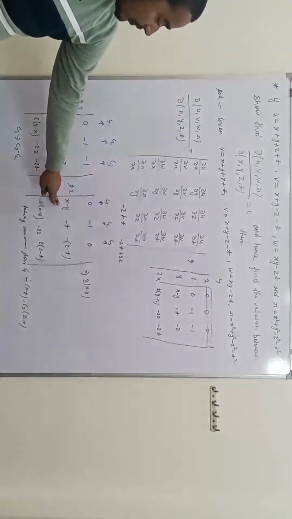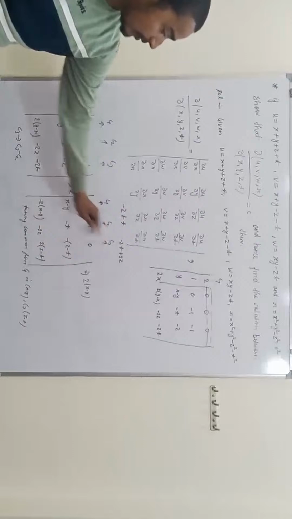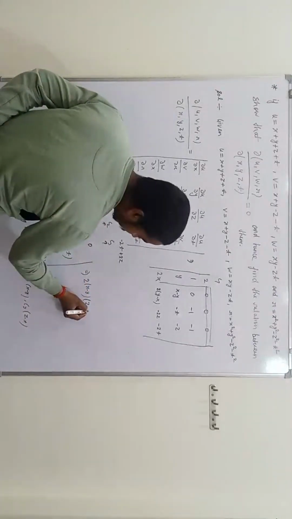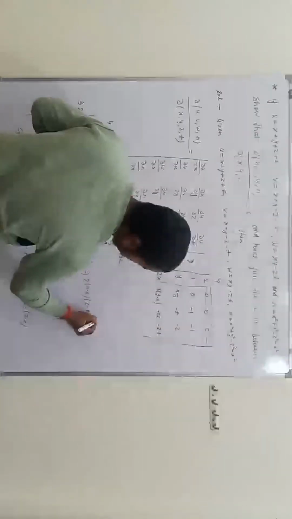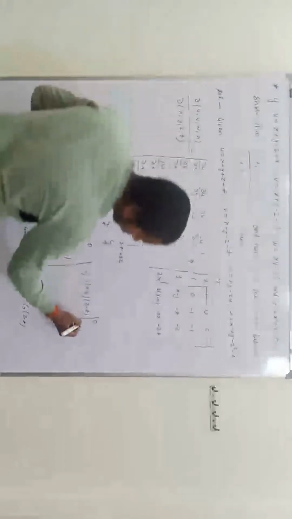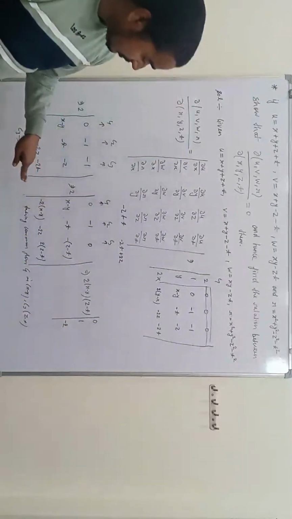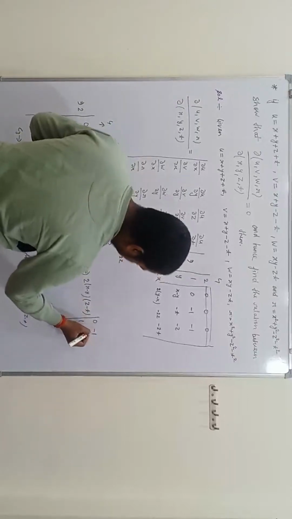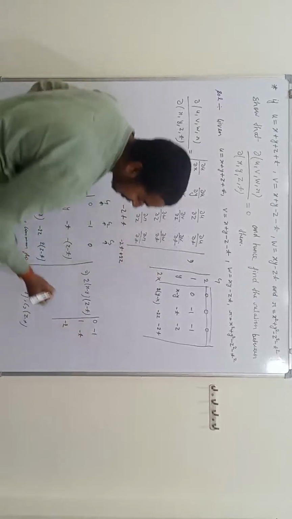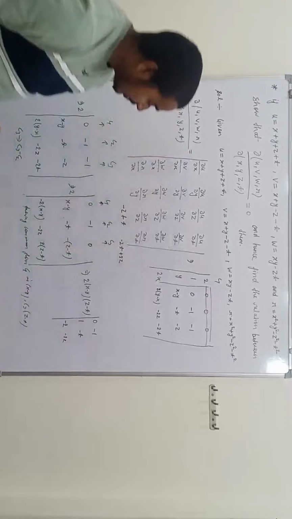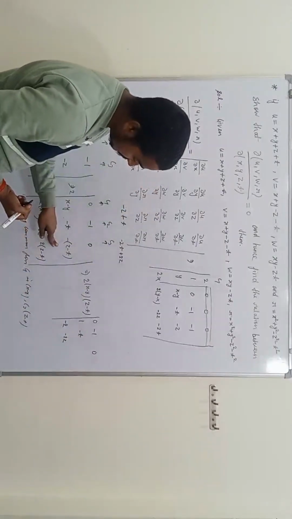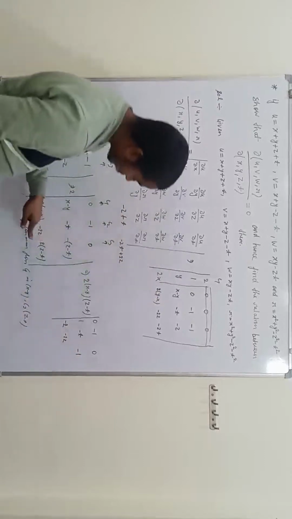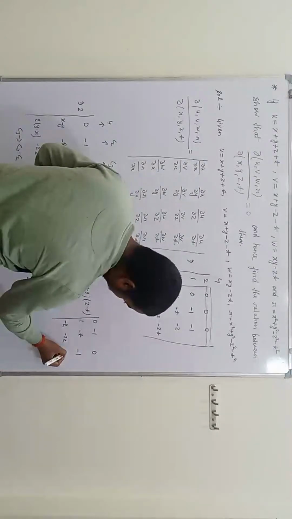X minus of y is taking common from C1 and z minus of t is taking common from C3, that is z minus of t, and the given determinant remaining is here is 0, and from here we have to take common x minus y, that is 1, and from here that is minus of 2, and C2 is unchanged, that is minus of 1 and minus of t and minus of 2z, and from here we have to take common z minus t, that is 0, 0 and minus 1, and here is plus 2.